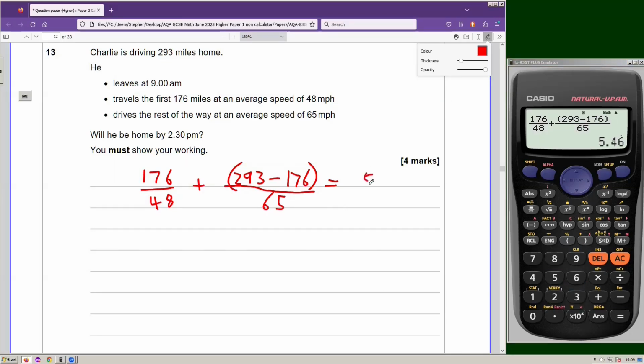It's 5.46 recurring hours. And 9 to 2:30 p.m. equals 5.5 hours.